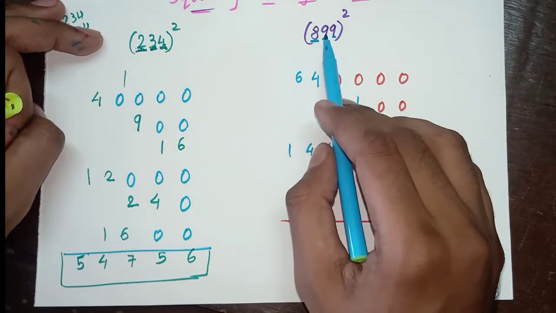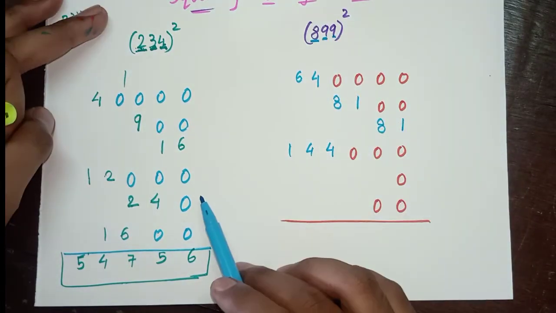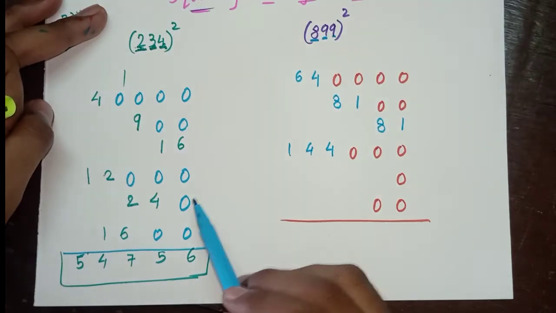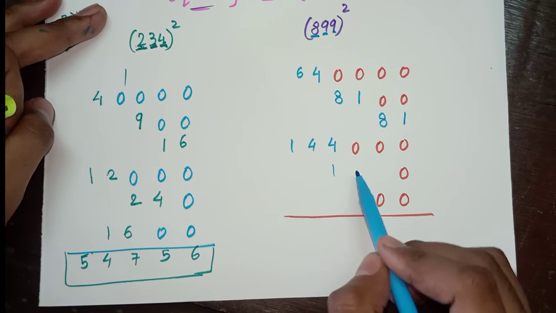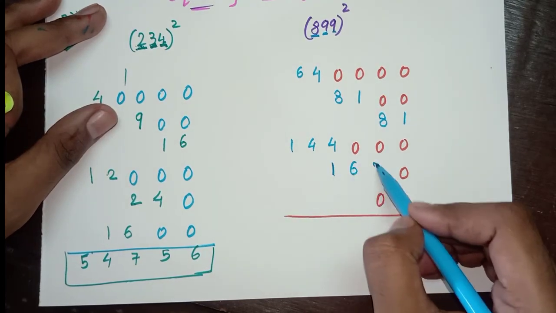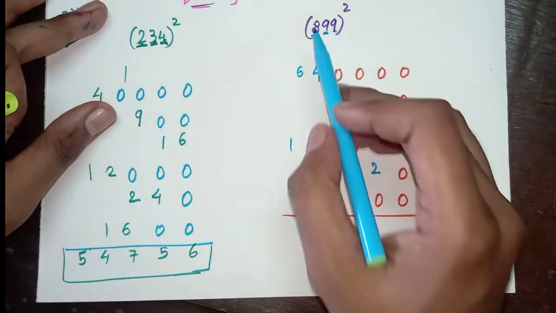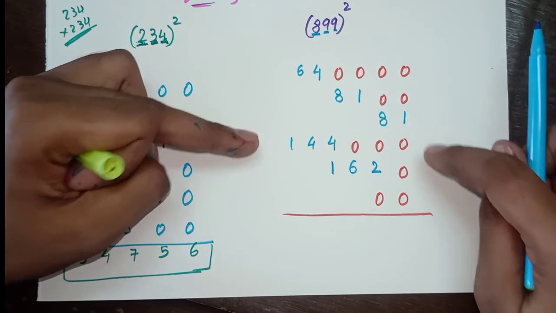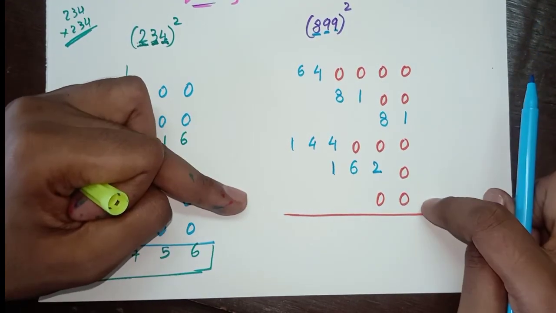As I told you, multiply the numbers and find the double. First, second, third: 9 9s are 81, 81 2s are 162, so write 162 here.